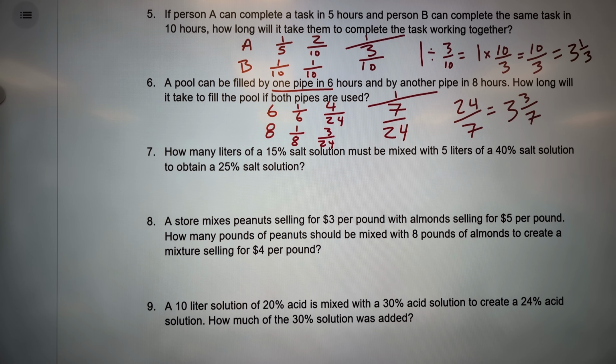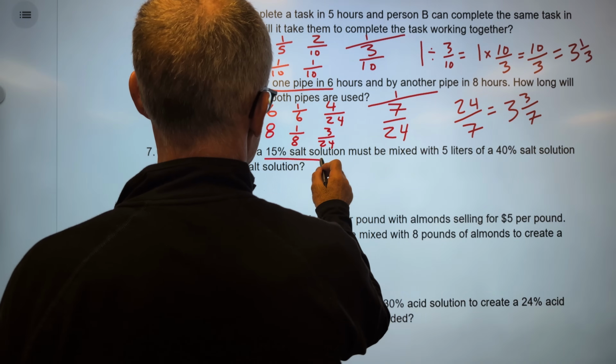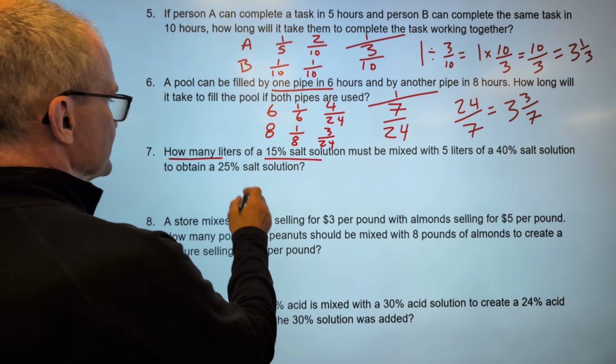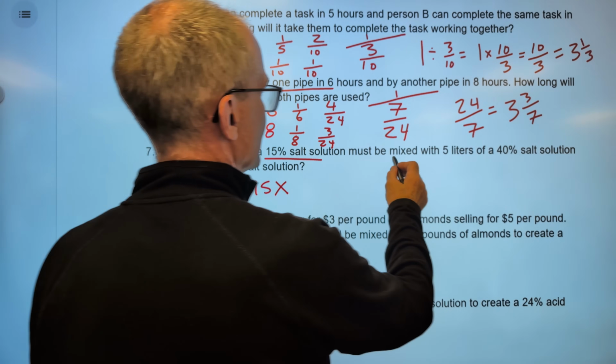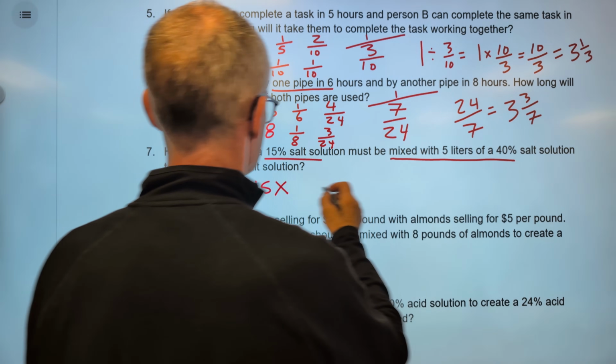Okay, number 7. How many liters of 15% salt? How many? I don't know. So I go 0.15x must be mixed with 5 liters of 40%.